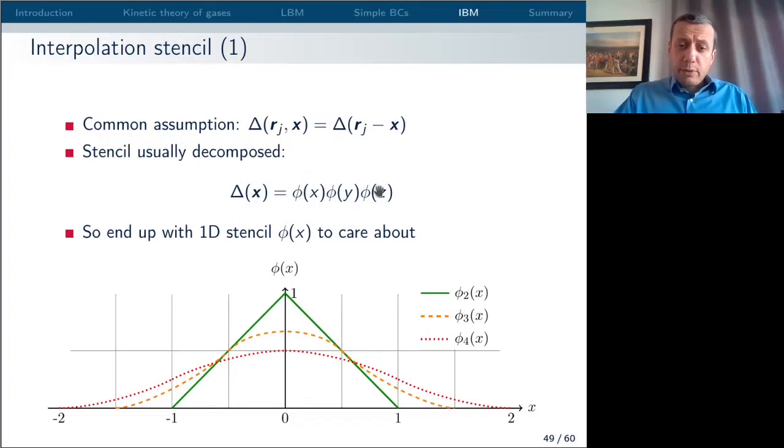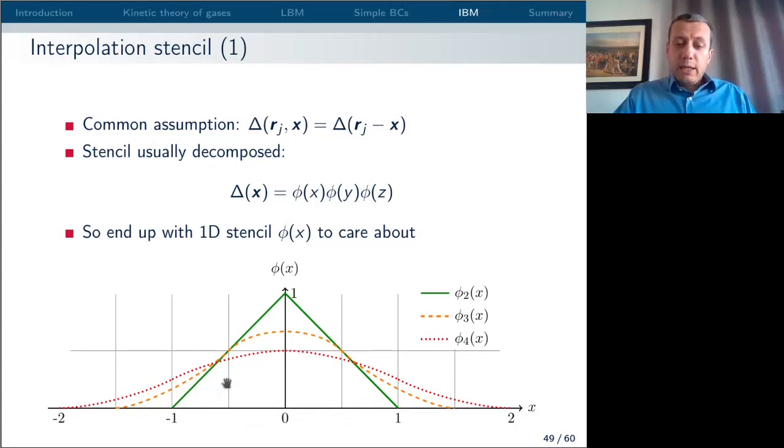You have this interpolation stencil that can have different forms. You can have a triangular stencil here, or bilinear, because you have a line here and a line here, or you can have something that is smoother and has a wider support. Typically what you find in IB applications, IB meaning immersed boundary, is either 2 supporting lattice nodes along each axis of your lattice, or 3, or 4.